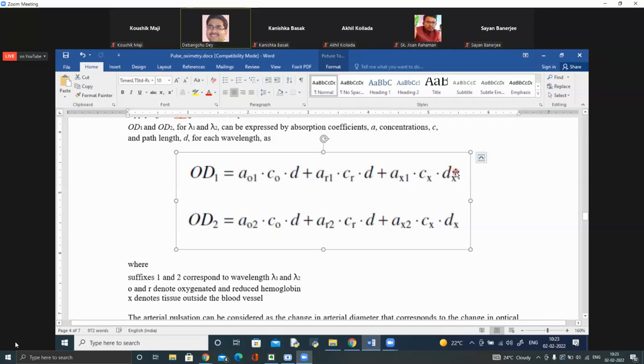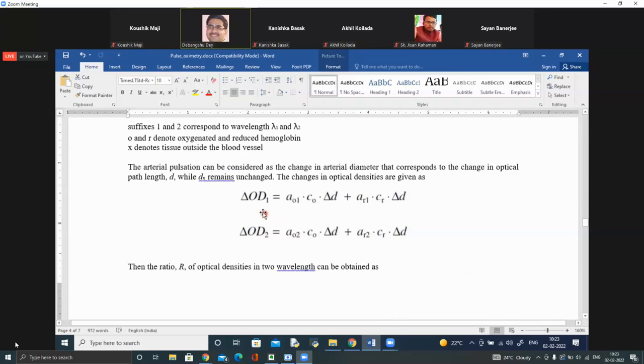Some tissue, muscles, etc. So AX1 is the absorption coefficient of that tissue, CX is the concentration of that, DX is the thickness of that. Similarly for OD2. I have just told you that the instrument measures this OD at two different wavelengths to compare.